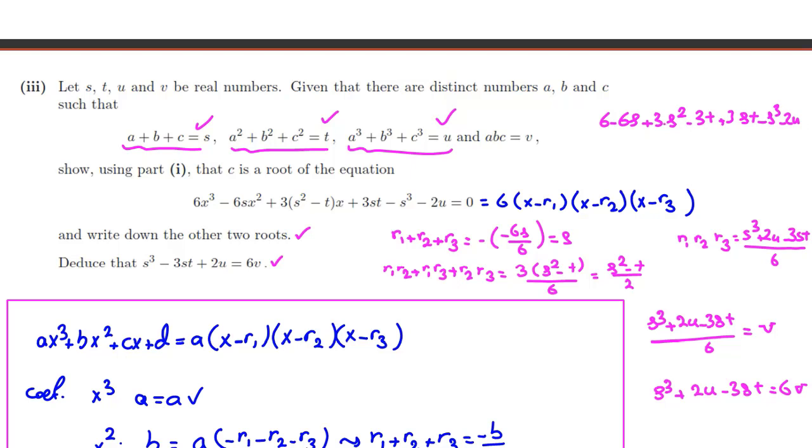So negative 6s, s cubed minus 3st plus u, plus 2u here. This one will be 0, we proved. And 3s squared minus this part. Okay, no. I just wanted to check that. Did we have 1 as a root here?